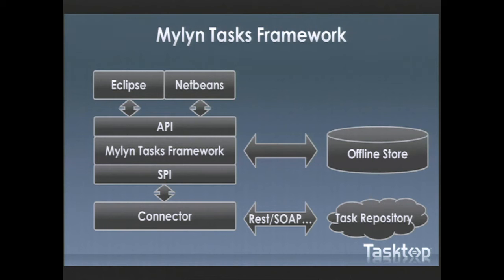And what's really neat about this is that since NetBeans only couples to the API part of it, in theory, you get all the extensions for free. Since the entire framework part has a generic data model that's agnostic to whatever the connector is doing, NetBeans can simply consume the Mylyn API and then leverage that whole ecosystem of connectors that's already out there, in theory.